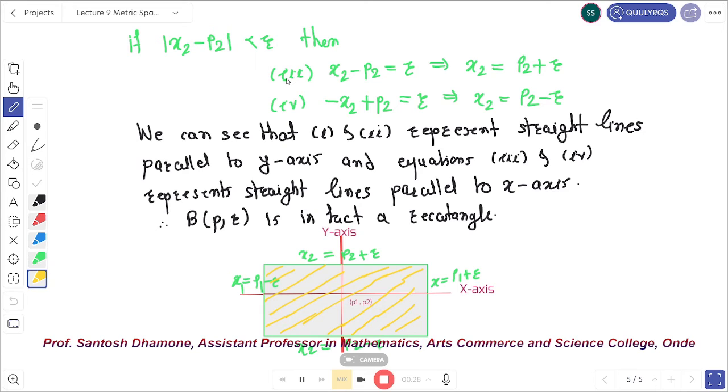Let X be any non-empty set and d be the discrete metric where d of x,y is equal to 0 if x is equal to y and 1 if x is not equal to y, for x,y belonging to X. Then find the open ball about P with radius r with respect to the discrete metric.